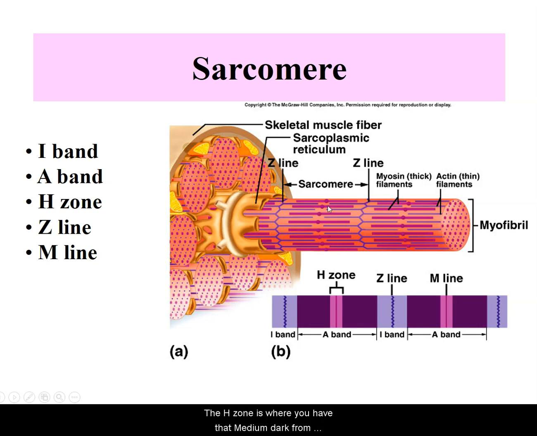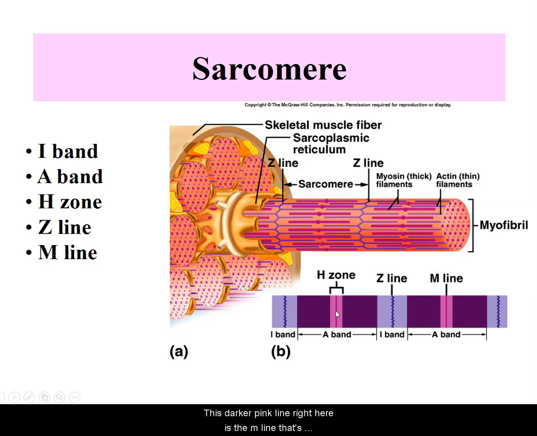Okay, the H zone is where you have that medium dark. From this end of the actin to this end of the actin, medium dark here. In the middle is where that thin protein titin filament is, and that is called the H zone. And in the H zone, by the way, is the M line.